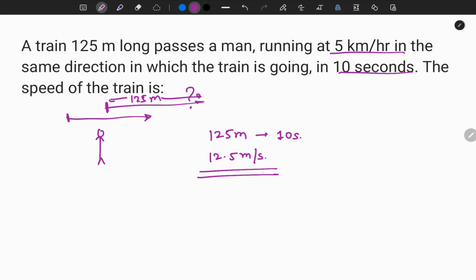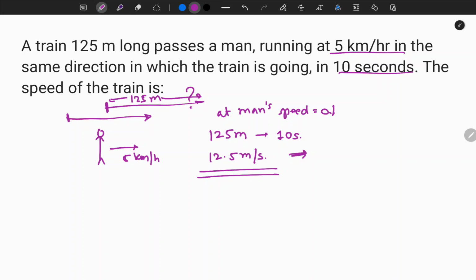But the man is not still. The man is also moving. At man's speed equal to 0, this would be the speed. Now the man is also moving at 5 kilometers per hour in this direction, so you cannot neglect that. Let's first convert this into kilometers per hour.